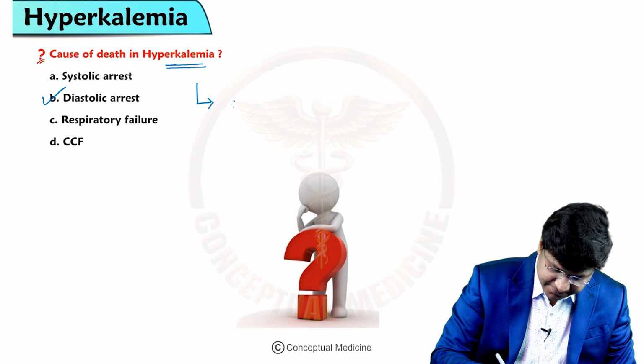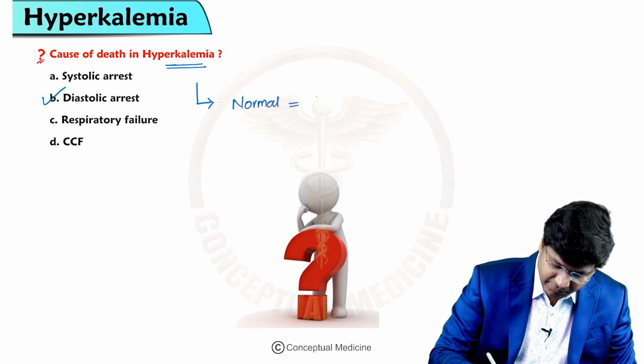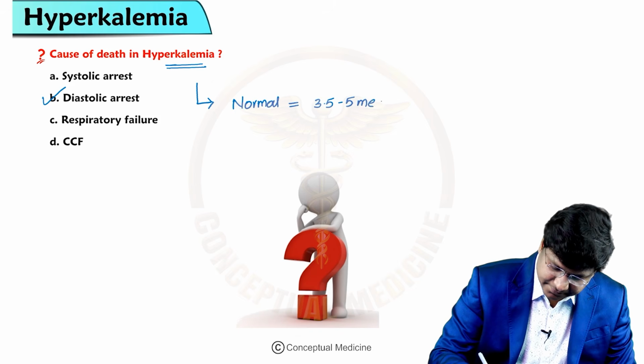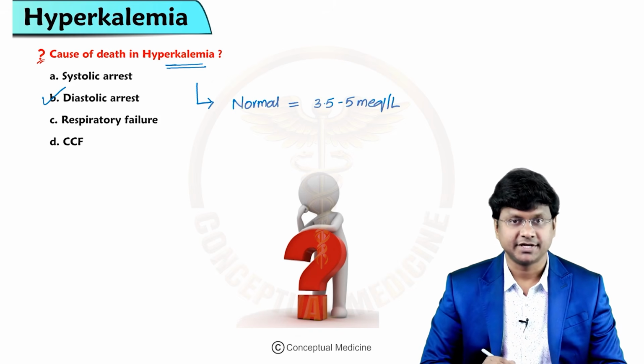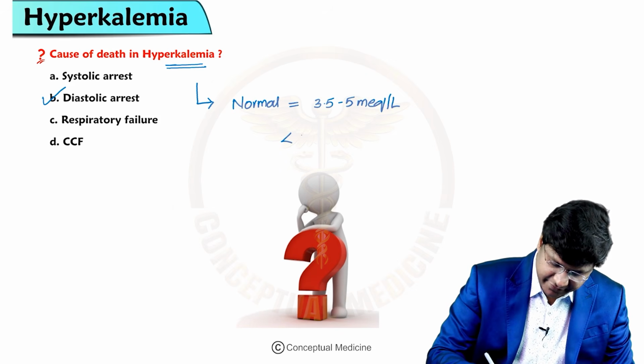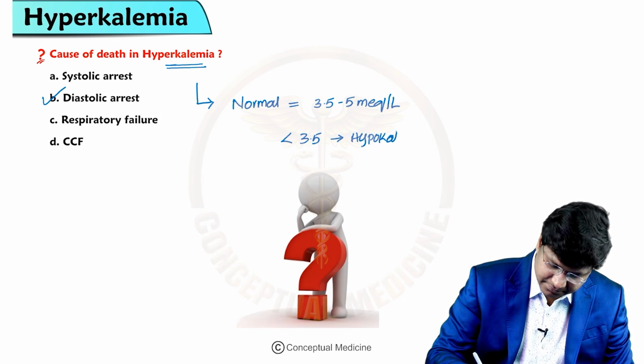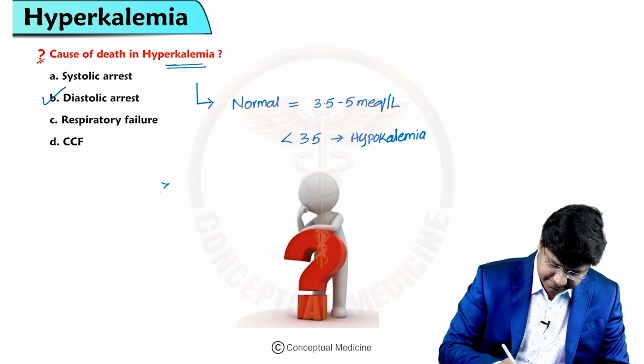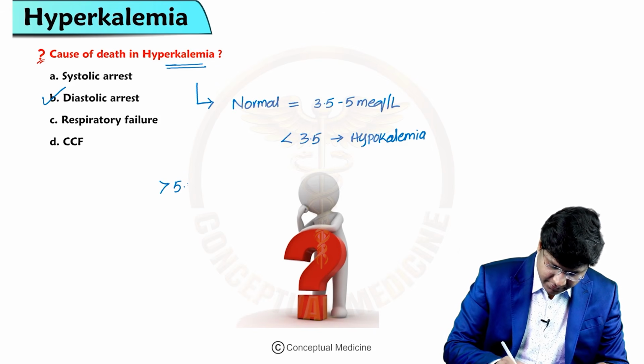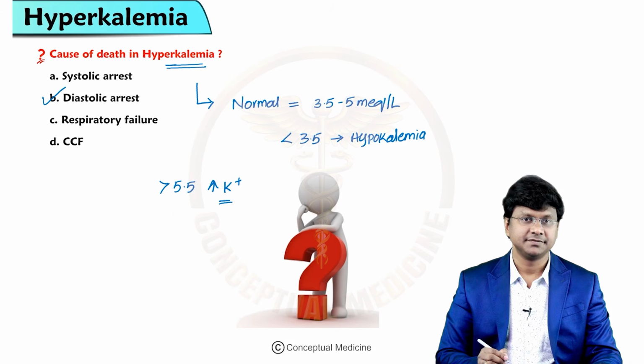Normal potassium levels are around 3.5 to 5 milliequivalents per liter. That is the normal potassium level, and less than 3.5 is considered hypokalemia, whereas more than 5.5 is considered to be hyperkalemia, right?